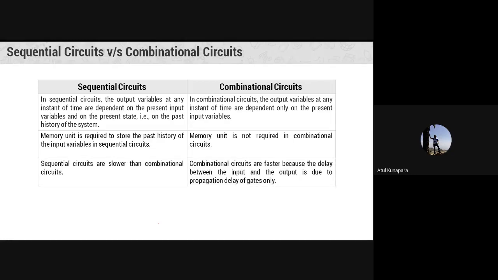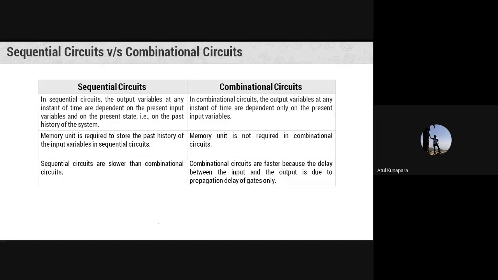Then the third point of comparison is this: sequential circuits are slower than combinational circuits, whereas combinational circuits are faster because the delay between the input and output is due to the propagation delay of the gates only. Do you understand this difference?